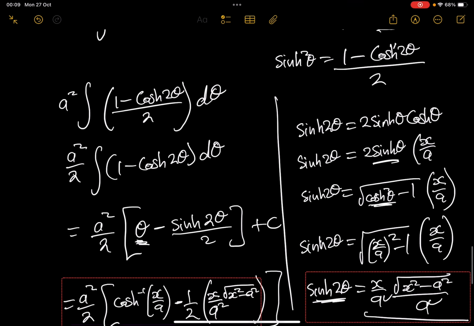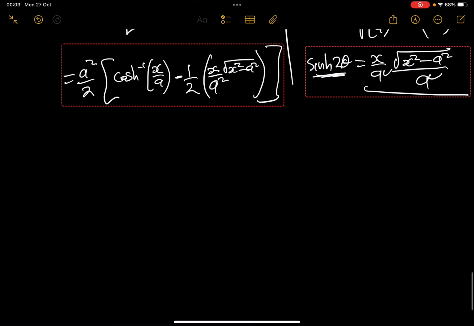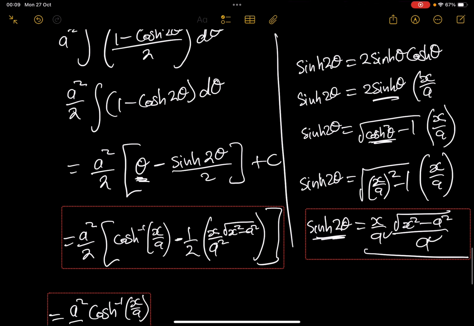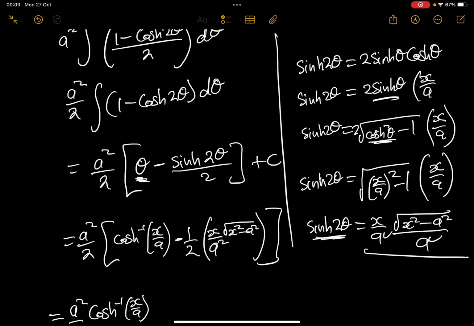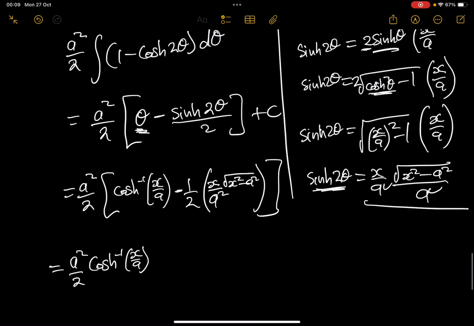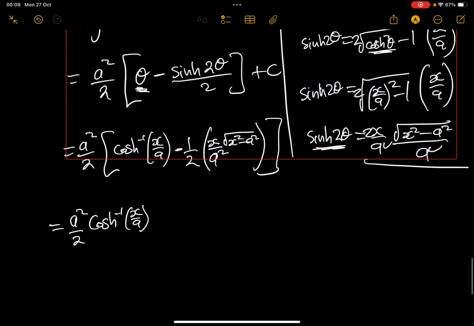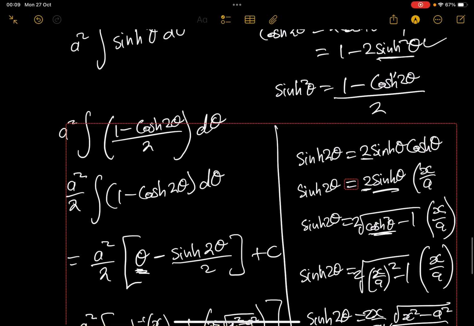If we simplify this, we are going to get a squared over 2 cos inverse of x over a, and then here there's this 2, which we left out, because of the 2 that comes with the identity.